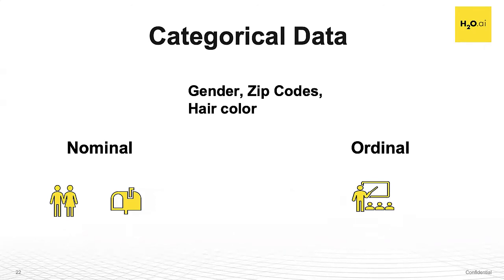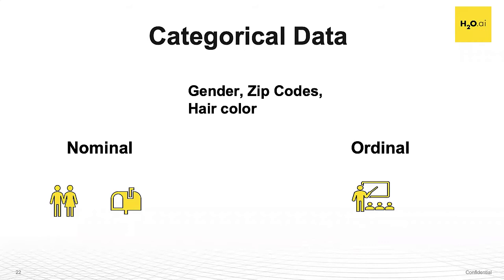So for instance, you could assign number 1 to male and maybe 2 to female. You could assign 1 to hair color black, 2 to hair color white, similarly. But these mathematical notations actually have no meaning because you cannot add them. You cannot add people with different hair colors because it doesn't make sense.